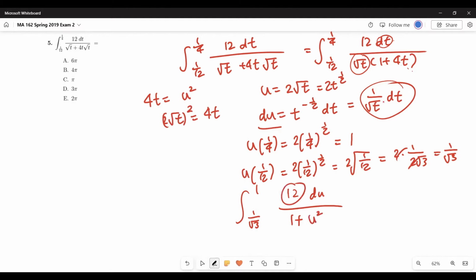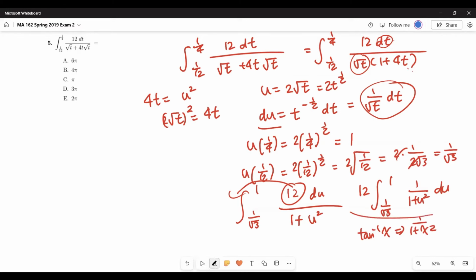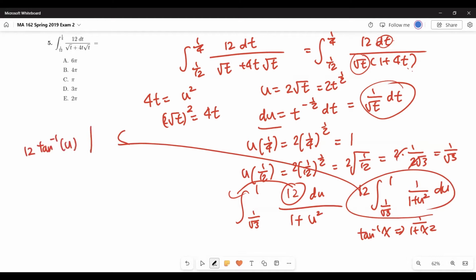So you can take the 12 outside of the integral. So this becomes 12 times the integral from 1 over square root of 3 of 1 over 1 plus u squared du. And if you remember your inverse tangent formula, the derivative of tangent inverse is 1 over 1 plus x squared. This is basically the same formula. So this just becomes, I'm going to write it all the way down here, sorry: 12 tangent inverse of u from 1 over square root of 3 to 1.